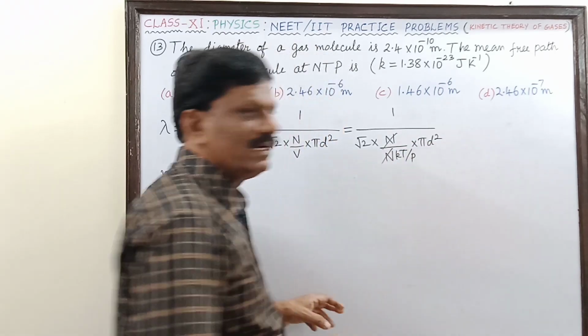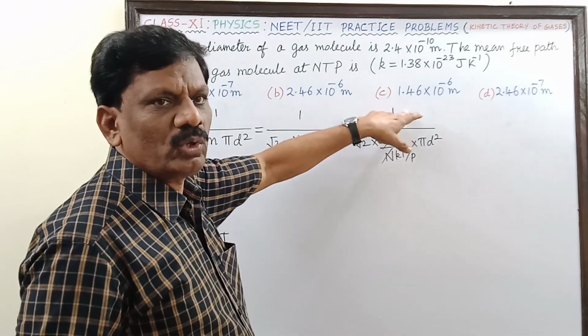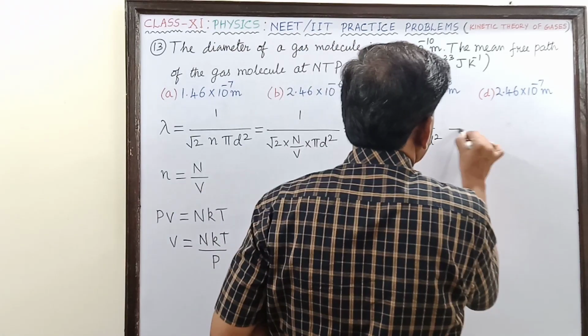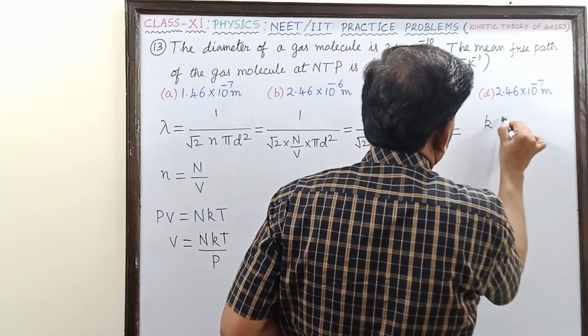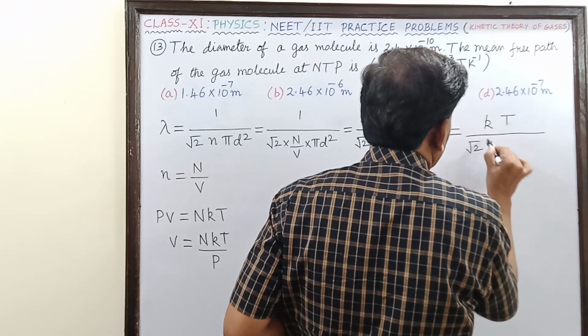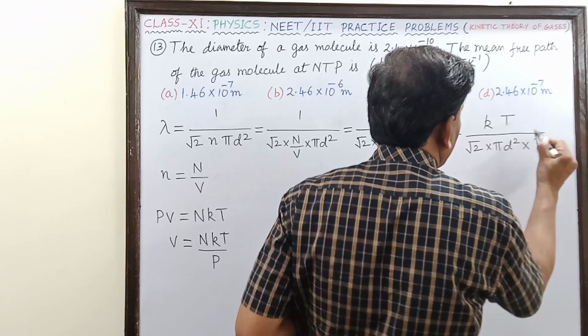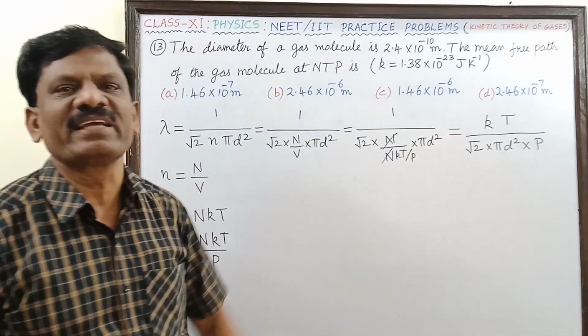So N and N get cancelled, and KT will go to the numerator. So lambda is equal to KT divided by square root of 2 into pi d square into P. This is the final expression.